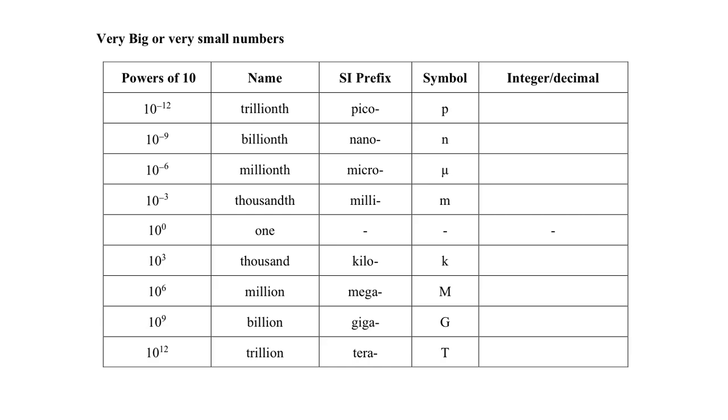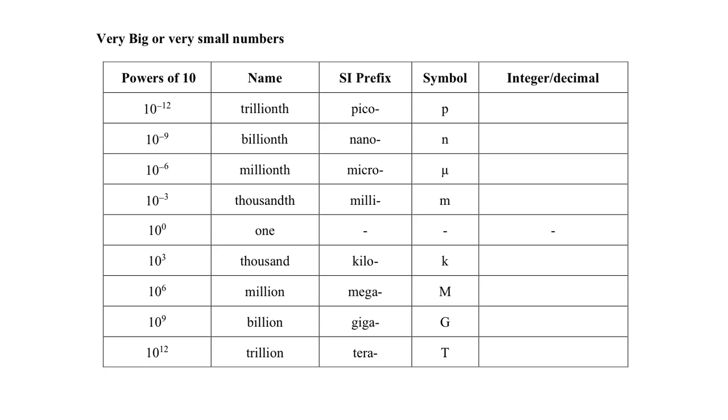Hello everyone, welcome to this part of the video where we are looking at very big or very small numbers with all the names given to this set of powers, and there are special names. So for example, 10 to the power of negative 12, we actually call it a pico.